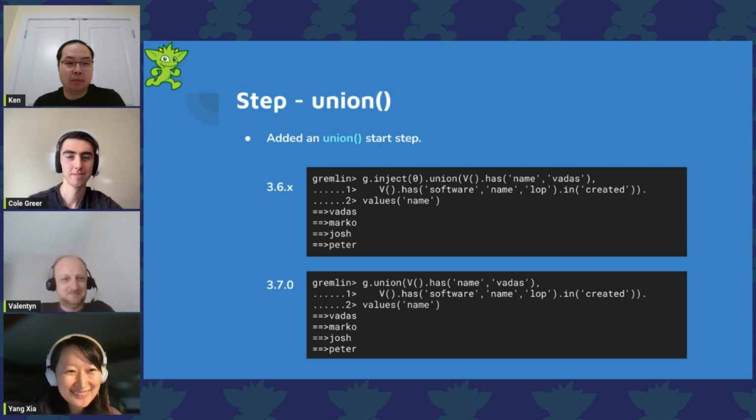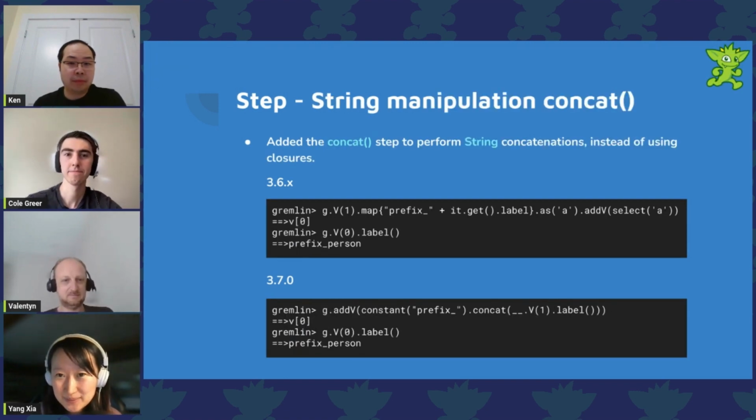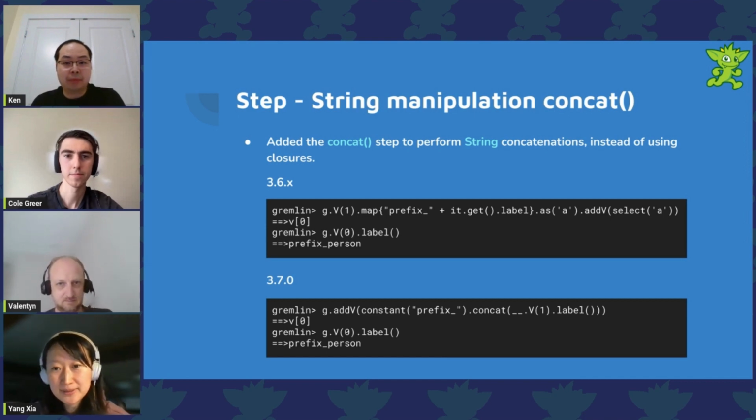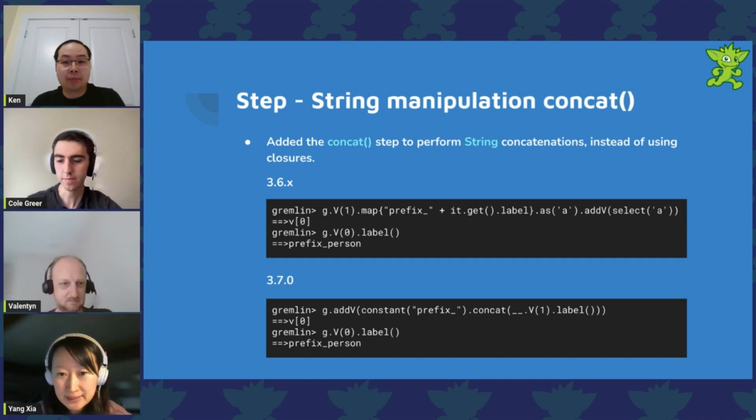So the next one is also a step update. Actually a new step that we introduced along with a series of string manipulation steps that we plan to incorporate into the upcoming 3.7 releases. So this is just one of the first. It's our concat function.